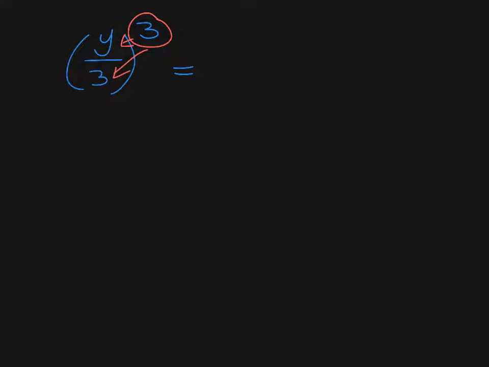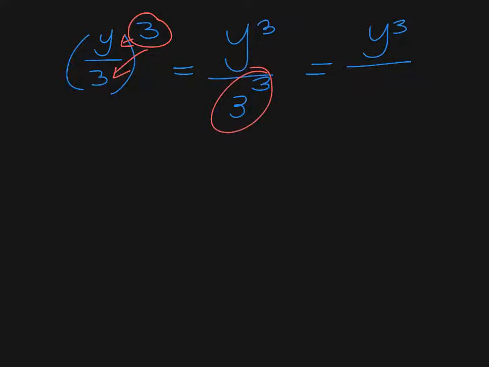So this is what it will look like. We're taking away the brackets now. So y to the power of 3 over 3 to the power of 3. To further simplify, that is y to the power of 3. Remember, it's a pronumeral, so it's an unknown value. But we can work out what this one is. Now 3 to the power of 3 is 27. And that's where we've simplified.